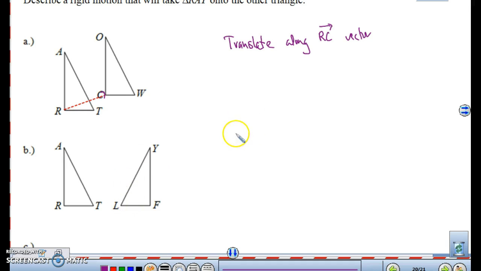Well, I would say we know it's going to be about here. There's our line of reflection. Now, how are we going to describe where that is? Well, we could reflect over the perpendicular bisector of TL.